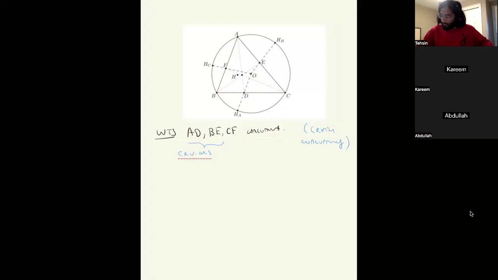What do we need to know for Ceva's theorem? We need to know BD over DC. What is this equal to? Any idea how to calculate that in this case?